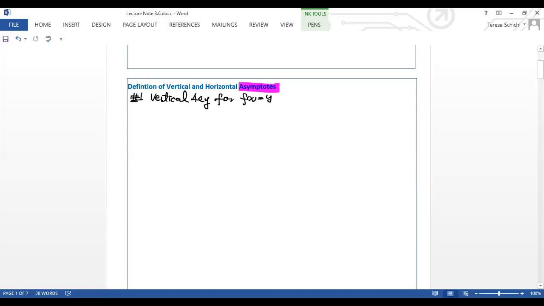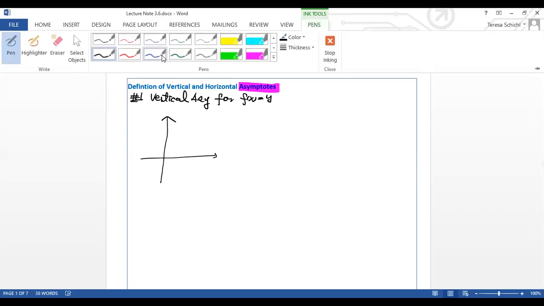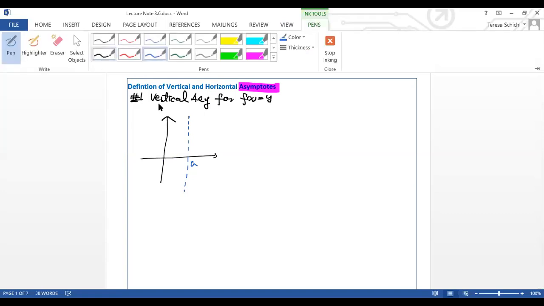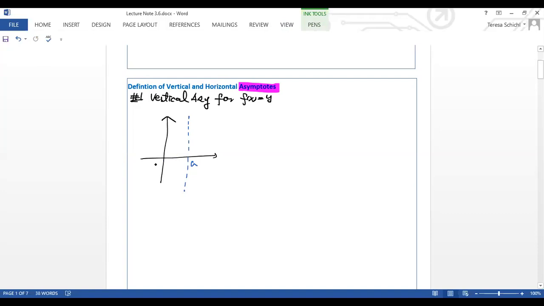So what is the vertical asymptote? It's a line, and for example, we use the dotted line here, at x equals a. We call this the vertical asymptote. That means the function value f(x) can get very close to this line.